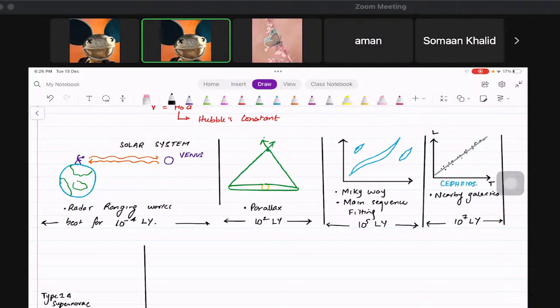And there is one thing we're not going to learn, it's called the Tully-Fisher relation. Just remember that this is how we go further and further.